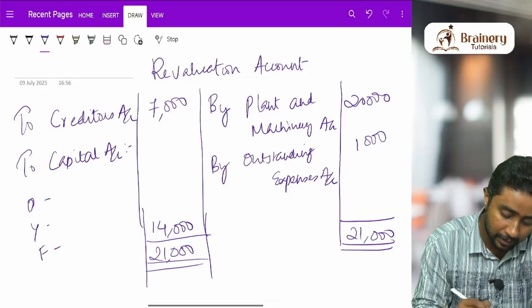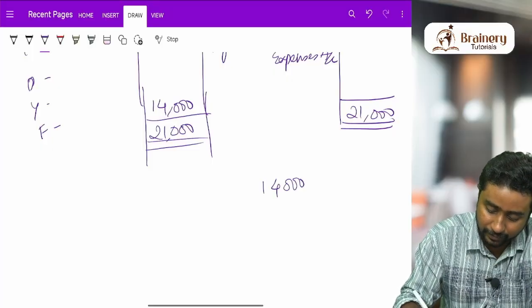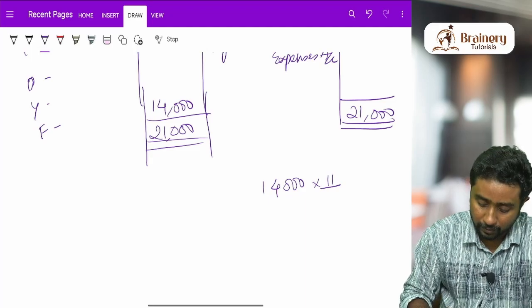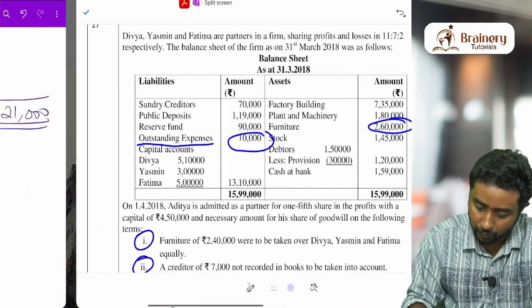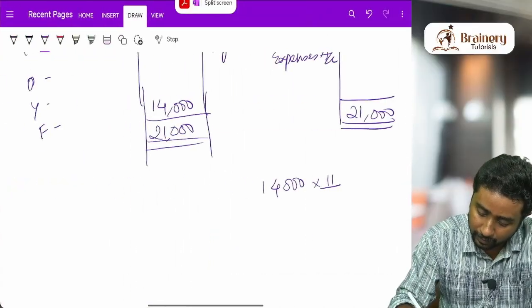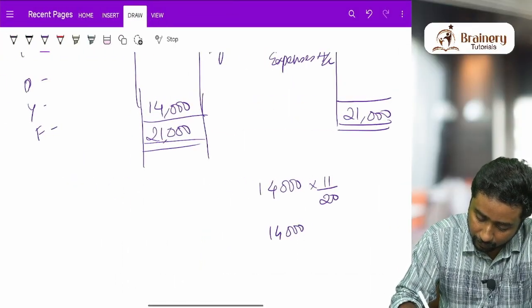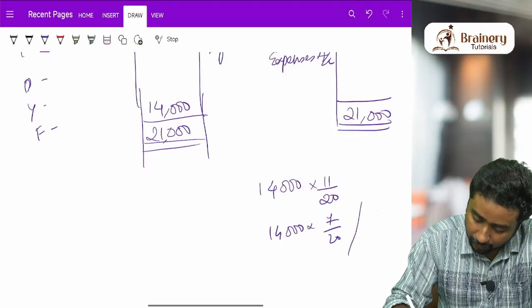14,000 will be shared by Divya, Yasmin and Fatima in which ratio? Obviously in their existing profit sharing ratio. What was the ratio? 11 is to 7 is to 2. That means 11 by 20, 7 by 20, and 2 by 20 of 14,000.